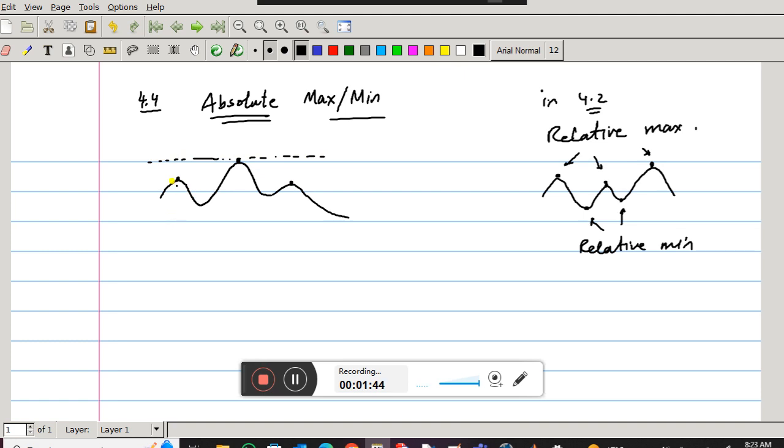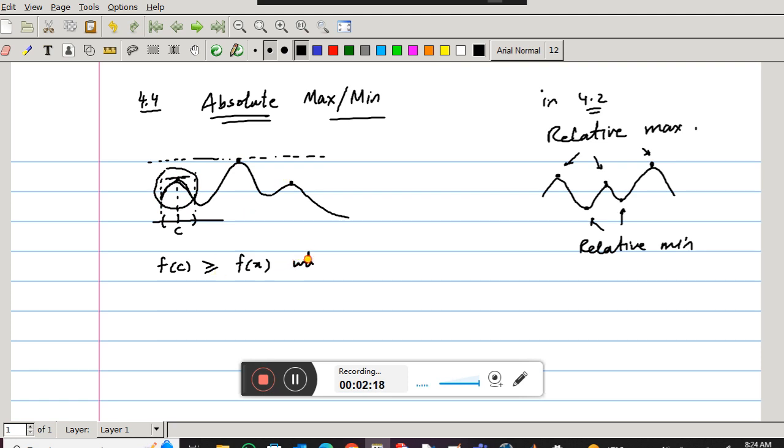So if I have this point C, then we had a condition that f of C is the highest value, f of C is greater than f of x, if I keep myself near to this point C. Means if I do not go very far, if I just take this piece of the function, then this is the highest value, right? You see, all other values are below it. Similarly at this point, similarly at this point.